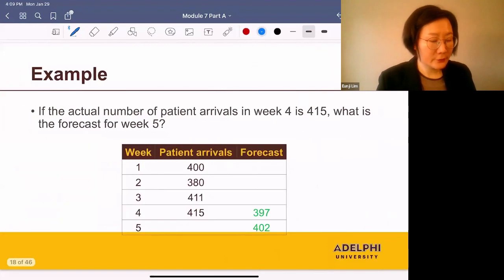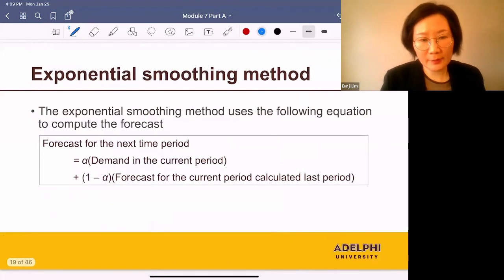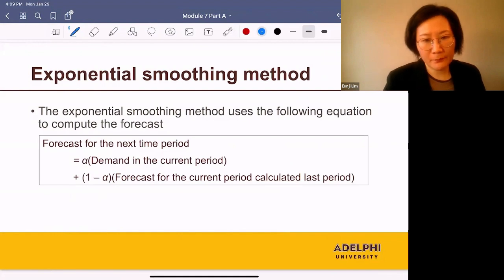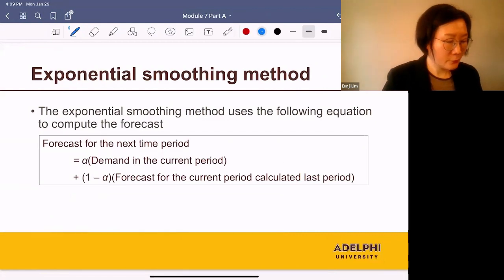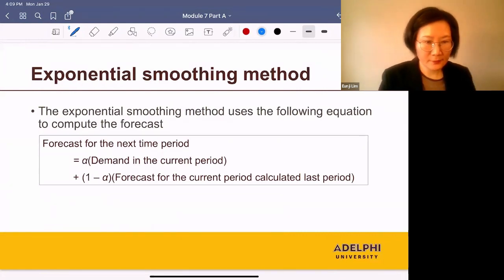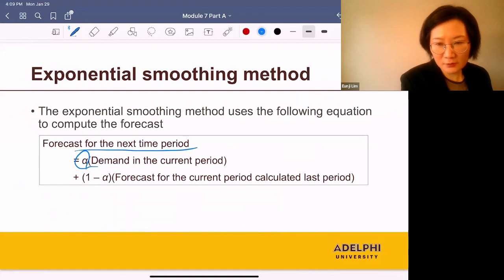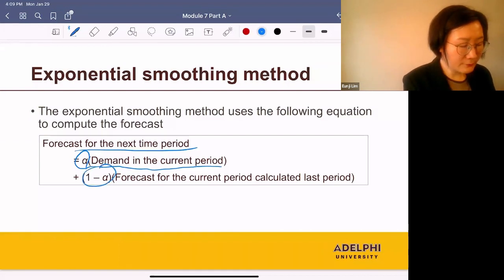Now let's move on to the exponential smoothing method. This is another method we can use for horizontal data. The exponential smoothing method uses the following equation to compute the forecast. The forecast for the next time period is alpha, which is a constant called the smoothing parameter, times the demand in the current period plus 1 minus alpha times the forecast for the current period.